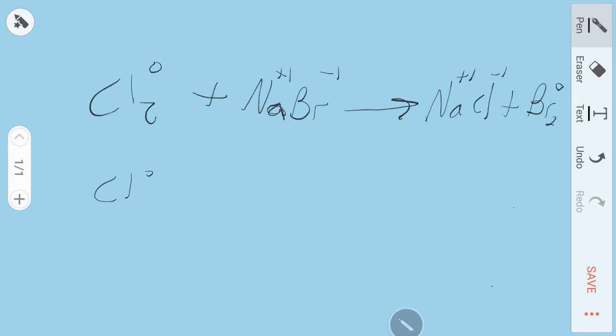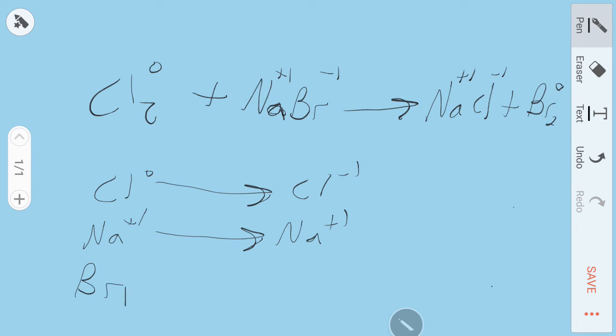So chlorine went from 0 to -1. Sodium went from +1 to +1. Oh boy. And bromine went from -1 to 0.